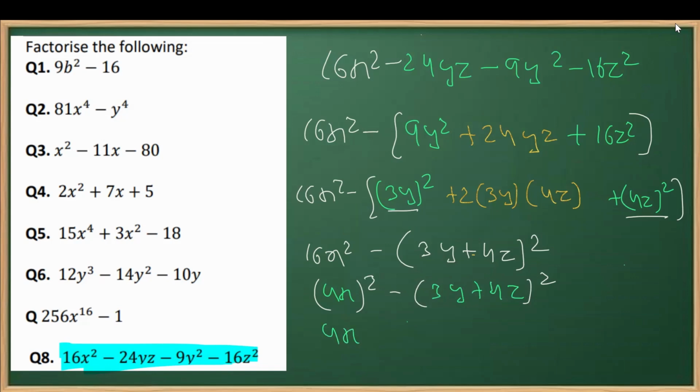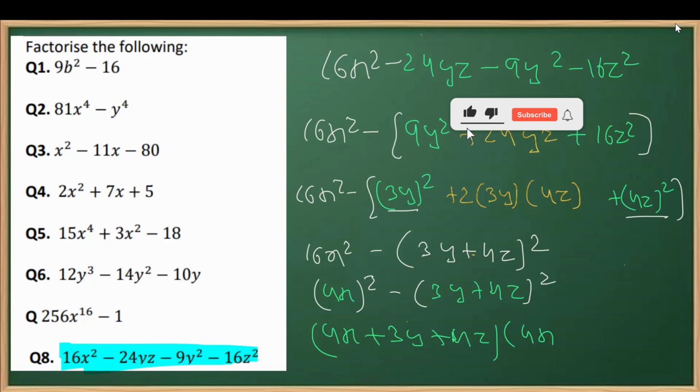So a plus b is 4x plus 3y plus 4z, and a minus b is 4x minus 3y minus 4z. That will be the factorized form of this question.